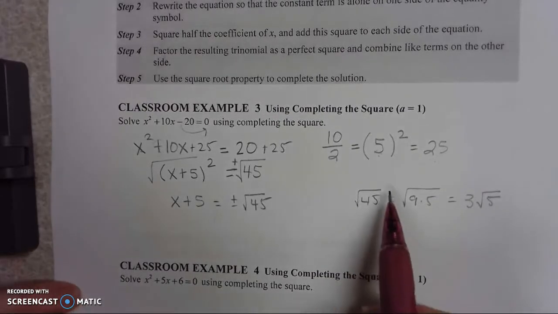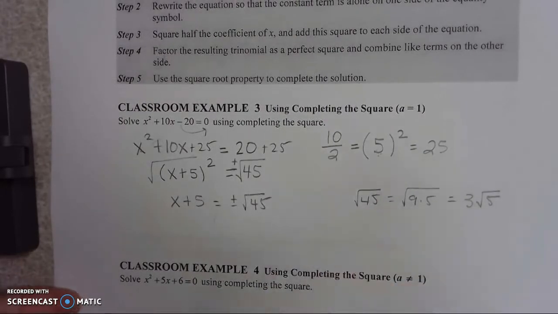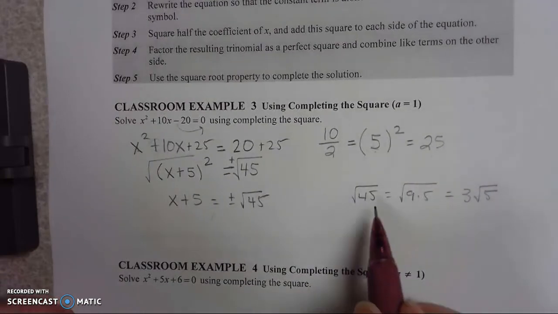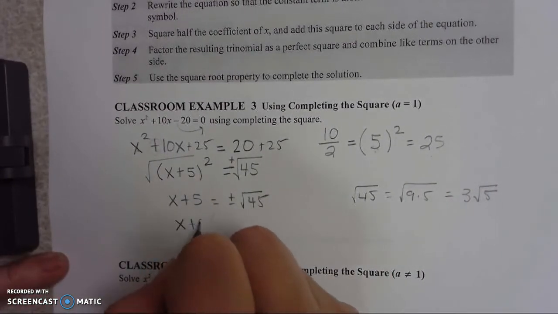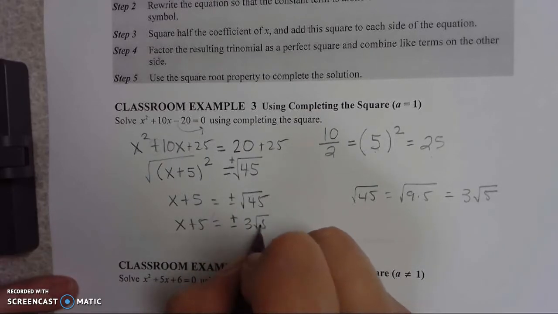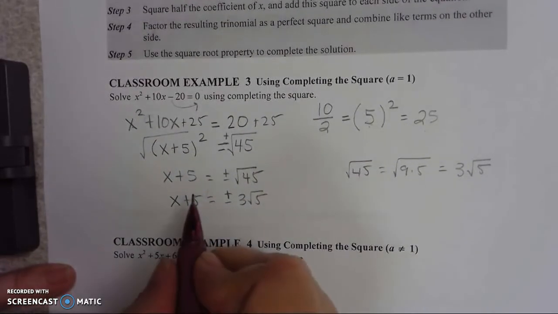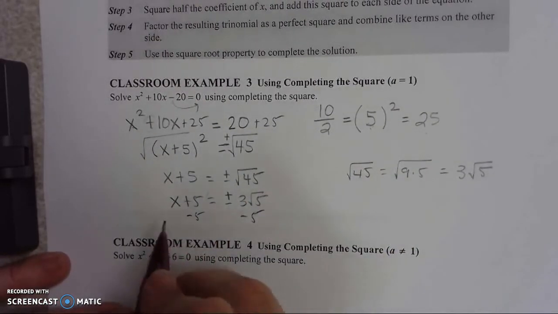Remember, if you need help simplifying these radicals, simplifying these square roots, come see me in my office or go to the Learning Lab and get some help. So now we have x plus 5 equals plus or minus 3 square roots of 5. I still need to get x by itself, so I'm going to subtract 5.